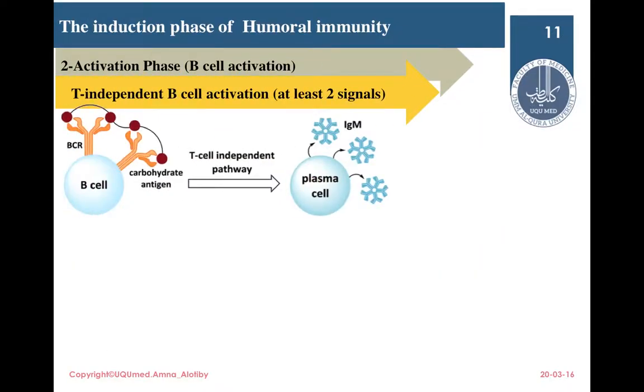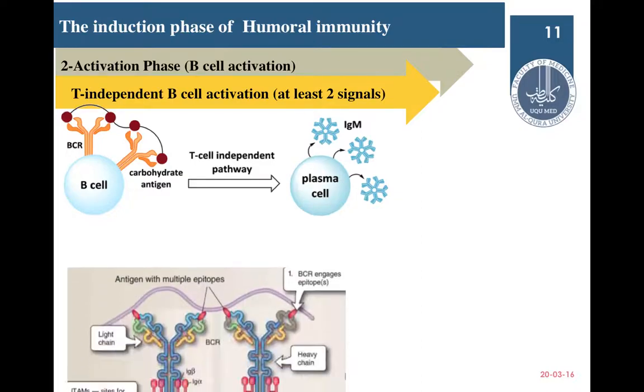The T-independent B cell activation needs at least two signals, and it happens in two different ways. In this diagram you can see that the B cells express the BCR, B cell receptor complex, and this antigen is multivalent. Here's a binding site, here's a binding site, and when this antigen binds simultaneously to two B cell receptors, it will lead to plasma cell differentiation and immunoglobulin M is produced.